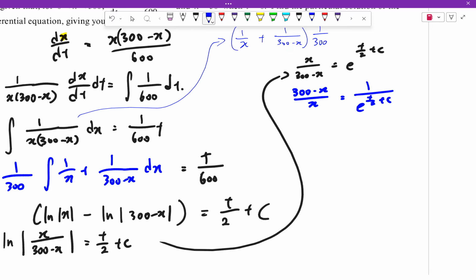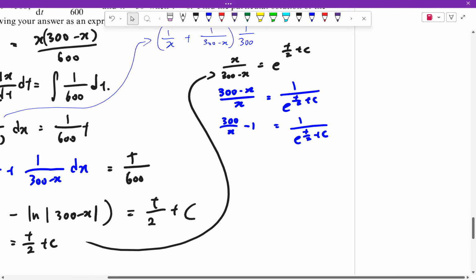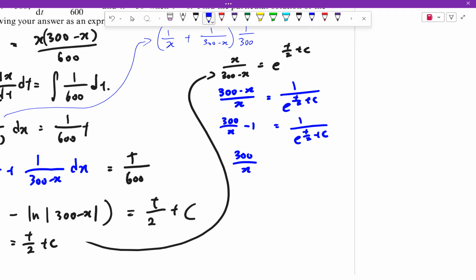Because you will find the left side I can write as 300 over x minus 1. Then I change what the subject is, I just have to tweak things a bit. So it will be 300 over x equals 1 over e to the power of t over 2 plus c, plus 1, like that.